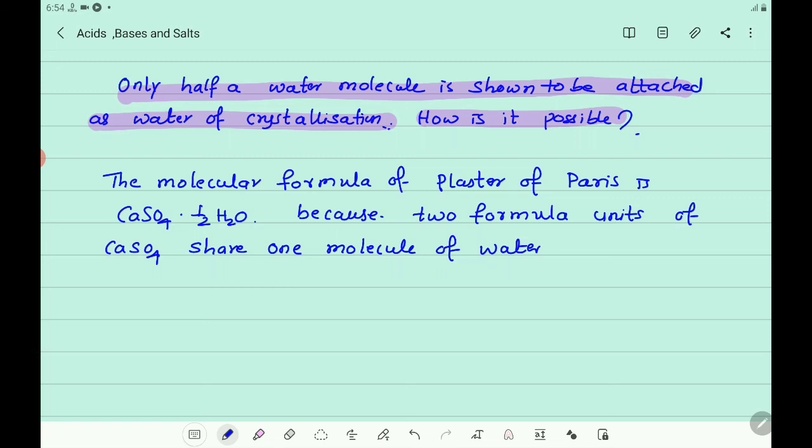Two molecules of CaSO4 share one molecule of water. That is CaSO4 twice H2O. But here, for one molecule of CaSO4, we have taken half H2O.